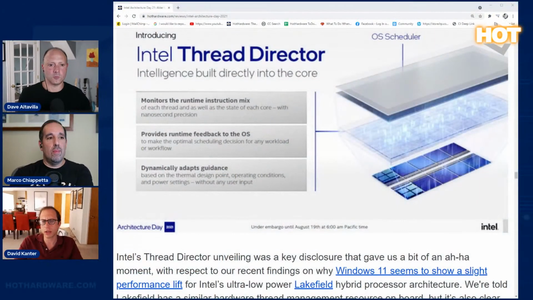I think Thread Director is an interesting thing. Anything jump out for you with that, or is it, hey, let's see how it works? It's a novel concept. In terms of the things that they exposed to Thread Director, that's pretty exciting. A lot of those performance counter level things were not previously ever exposed.